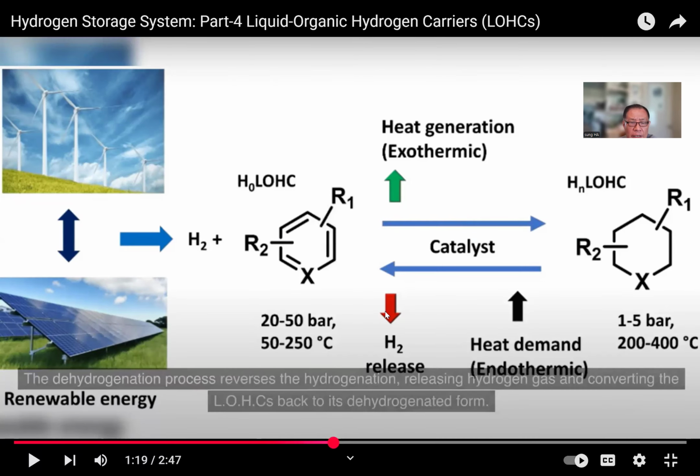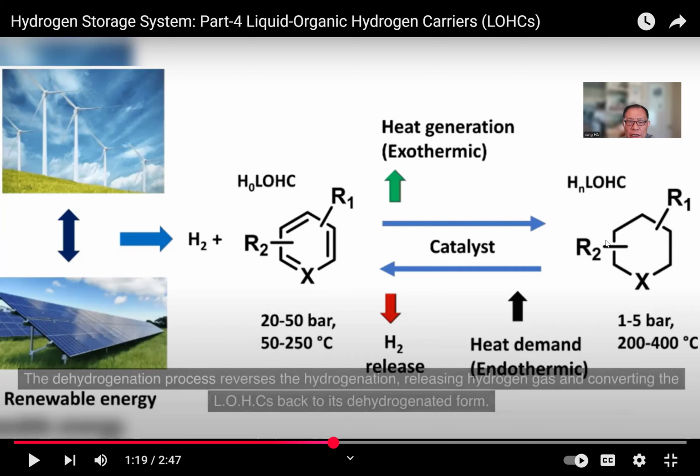Well, the basic idea of this LOHC is that we have hydrogen molecules, combined with the LOHC, with pressure and temperature, and with the catalyst, which plays a very important role. And then heat is generated.